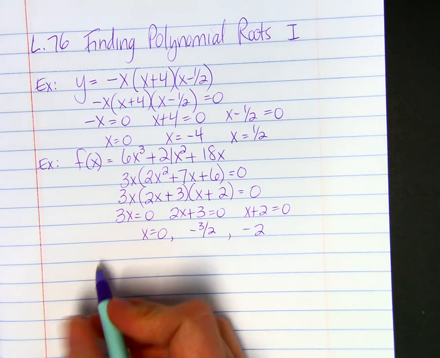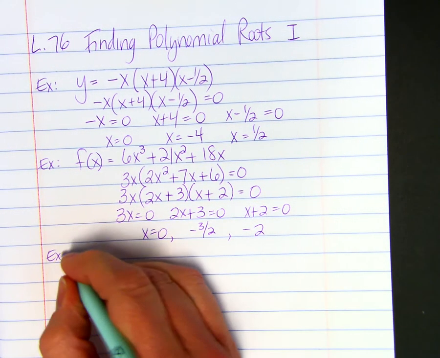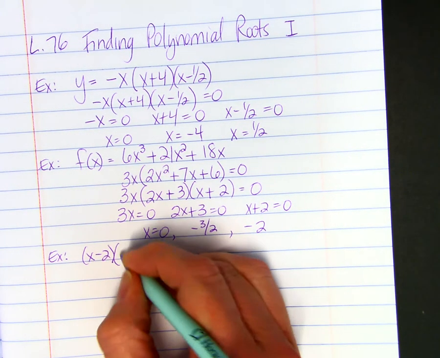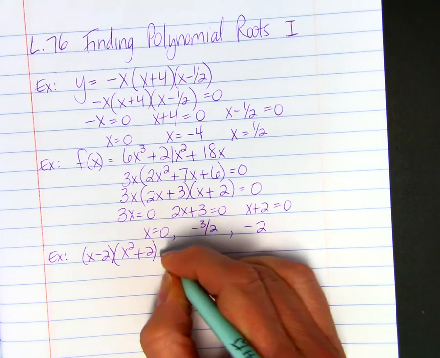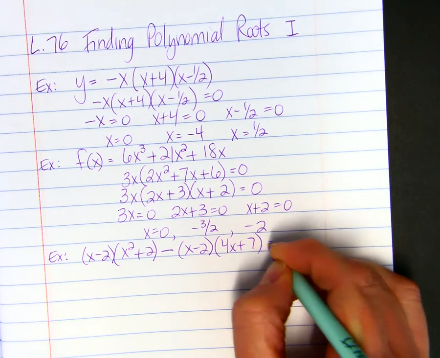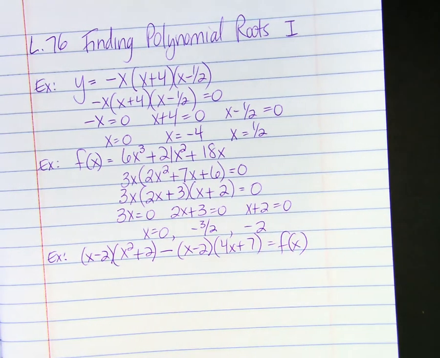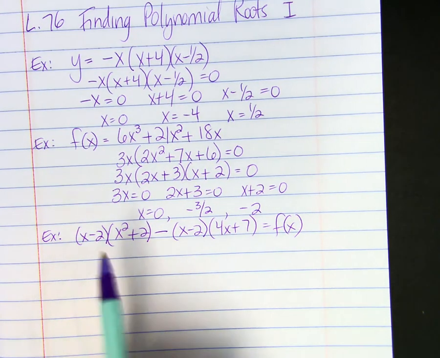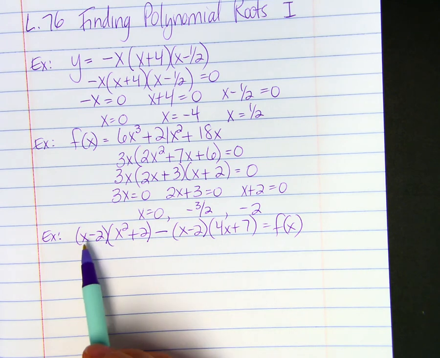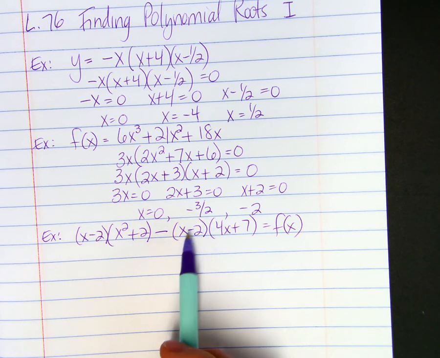Here is another example. So these are all slightly different than the last. So we have to factor. We have a subtraction problem here, and in order to factor, we have to find a common factor to both of these.